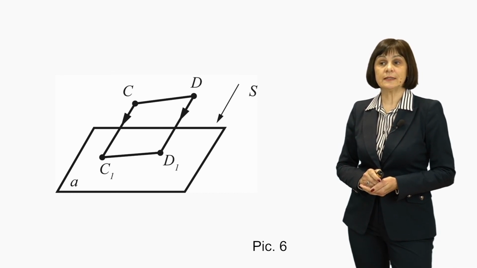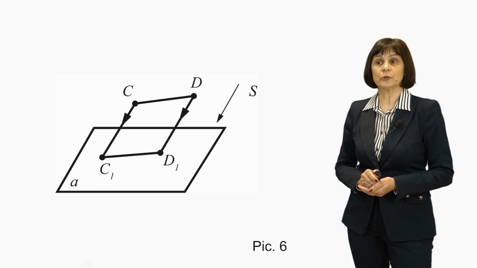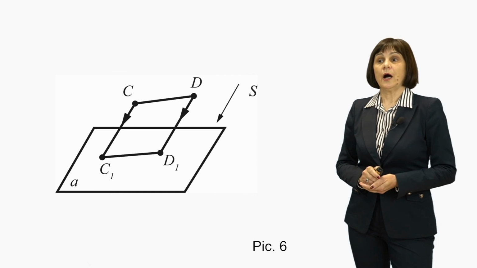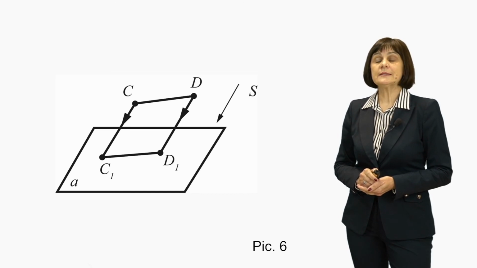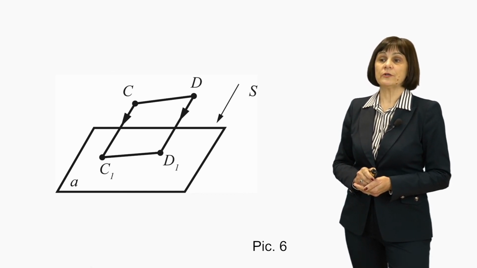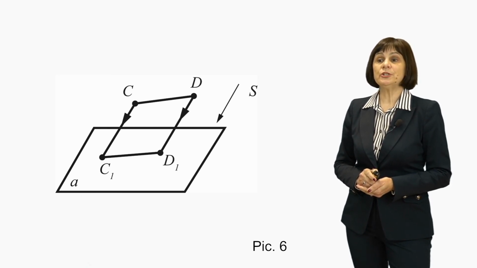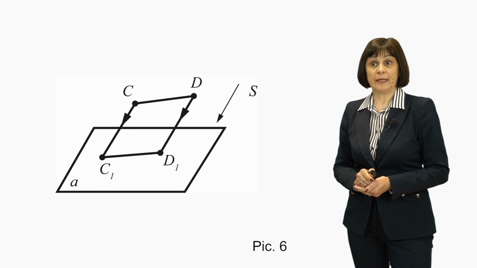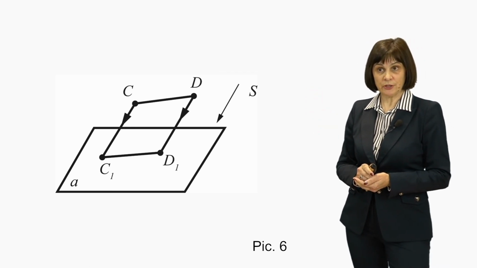As you can see, many properties of parallel projections are individual. However, the most commonly used method of parallel projection is the method in which the projection direction from point S is perpendicular to the projection plane. On this drawing, the projection direction is not perpendicular.